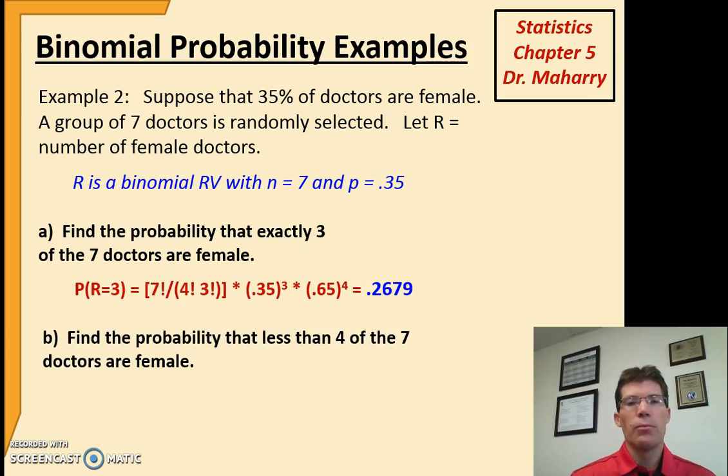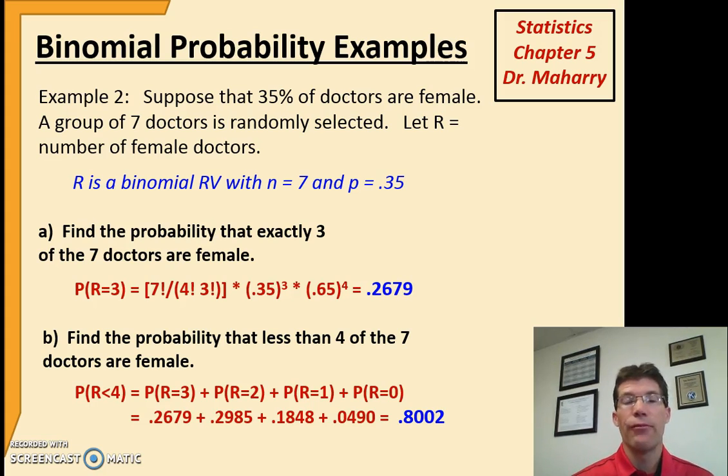Now suppose I ask, what's the probability that fewer than 4 of the 7 doctors are female? If you think about this, I'm going to have to add up several probabilities. Less than 4 would imply 3 of the 7 are female, or 2, or 1, or none of the 7 are female.